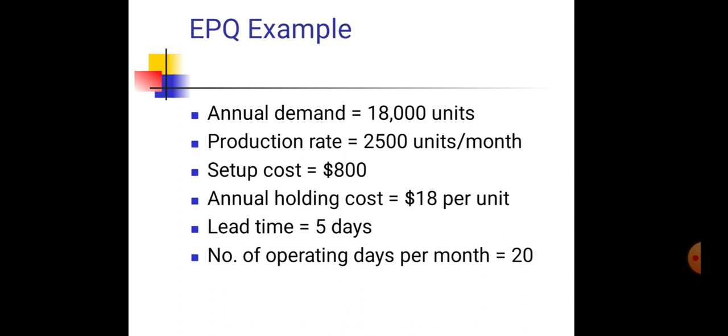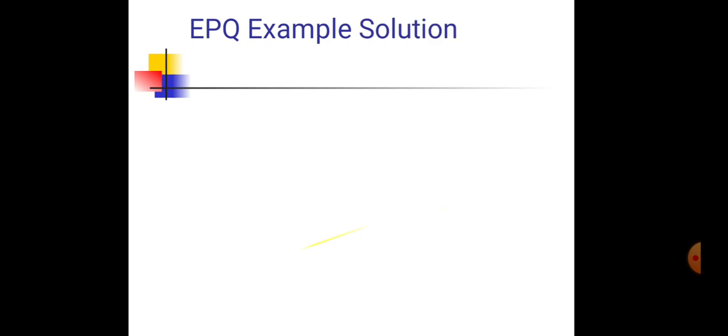Note down this given data, and accordingly simplify the production per day and demand per day. In 1 month working days are 20, so in 12 months working days are 240. So 18,000 divided by 240; in this way you can calculate annual demand per day.